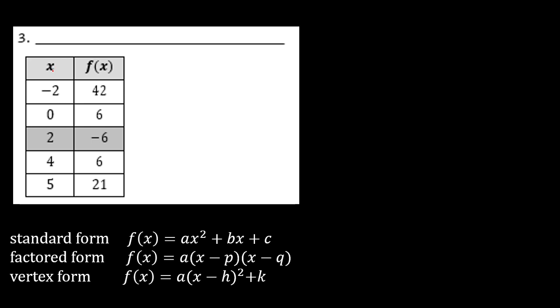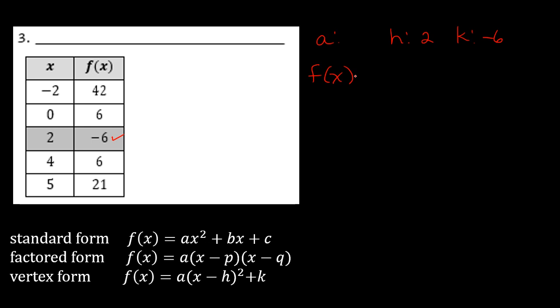Number 3, my x values are not consecutive integers. I do not have my roots. What I do have is the vertex, so we're going to use our vertex formula. So we have an A, an H, and a K value to identify. My H is 2, my K is -6.